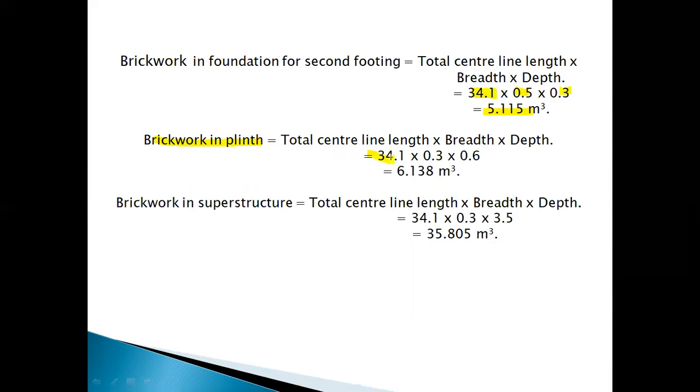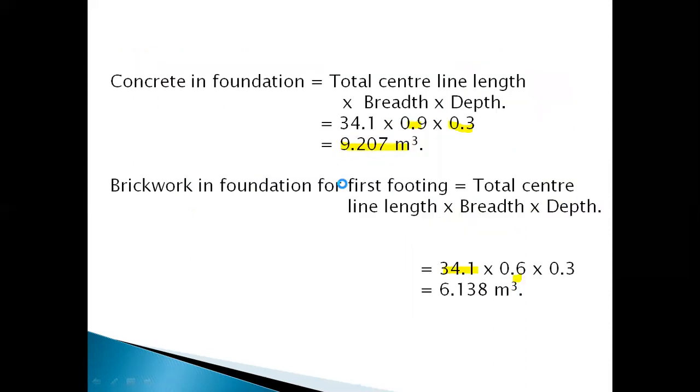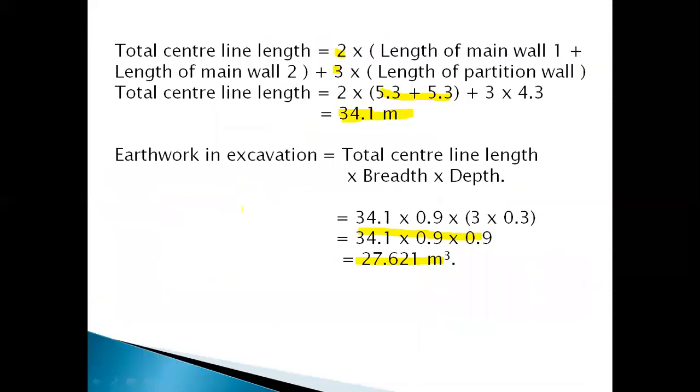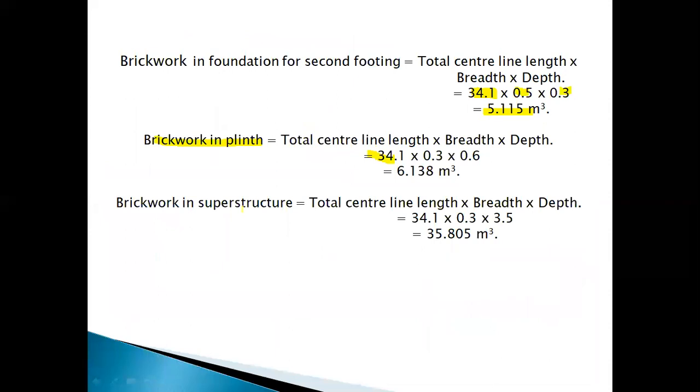Next one, brickwork in plinth, total central line length into breadth into depth. So total central line length is 34.1 and breadth is 0.3 meters and depth is 0.6 meters. That equals 6.138 cubic meters.